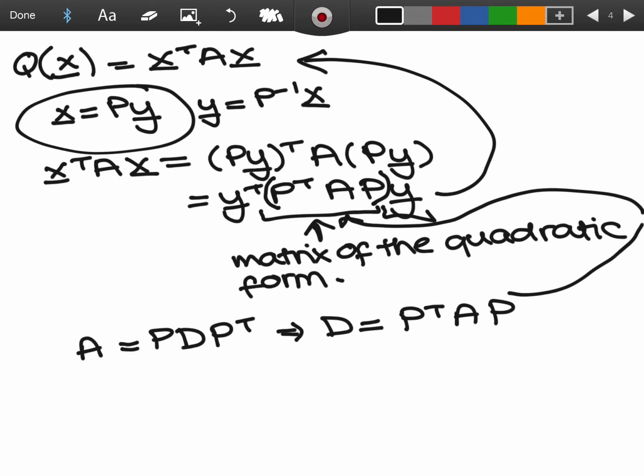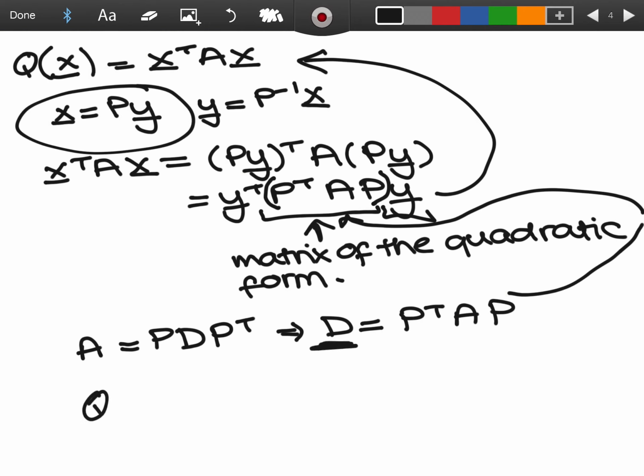So if I choose my change of variable in such a way that P is an orthogonal matrix, and A we know already is symmetric, I can make this P transpose AP diagonal. That means D is now the matrix of the quadratic form and it is diagonal.